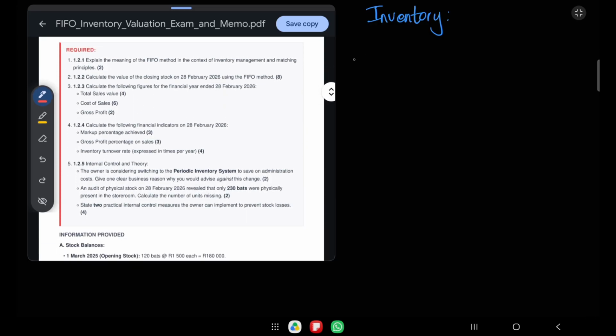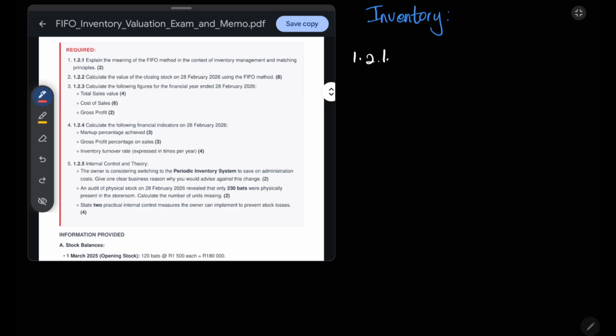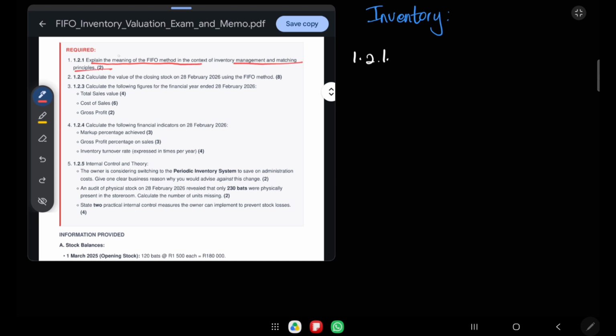We have 1.2.1. The question says, explain the meaning of the FIFO method in the context of inventory management and matching principles. So you basically have to explain the FIFO method. You can use your own words. We can say something like the FIFO method states that the first stock items purchased or manufactured are the first ones to be sold.